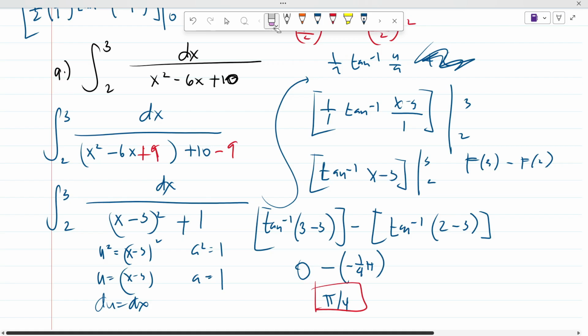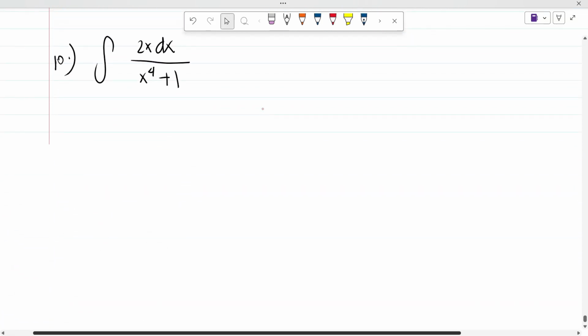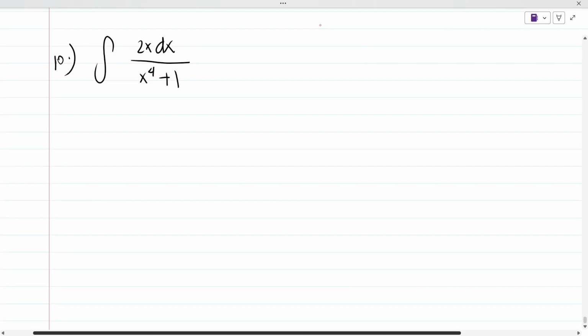Pi over 4. Yan. Yan guys, correct. So, this will be the final answer guys, no? So, huwag kakalimutan kapag arctan, pag mag-i-input ng value. Ay, radian pala. Sorry. Radian guys, sorry. O, game next tayo.